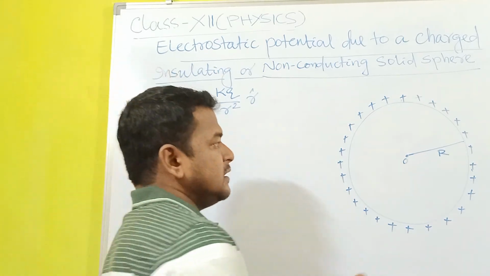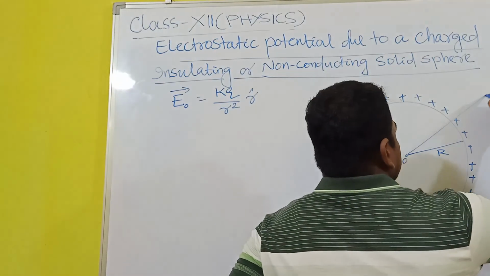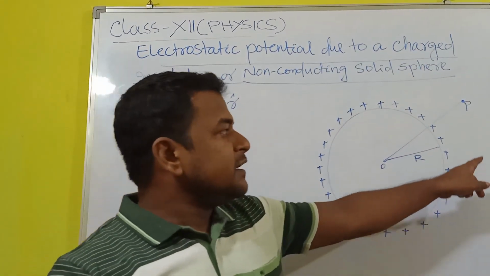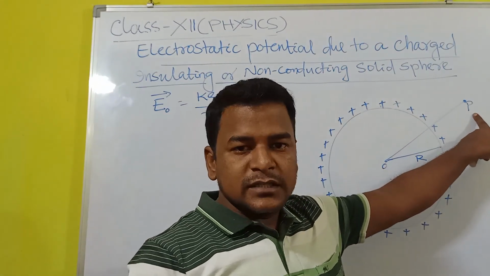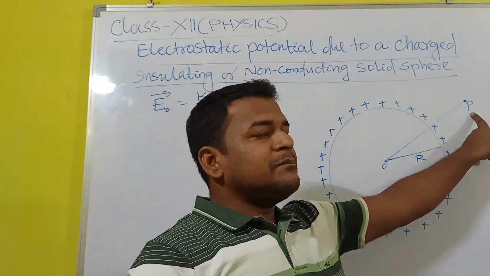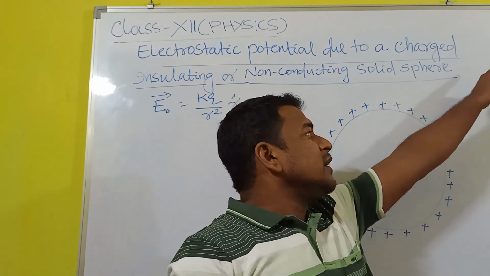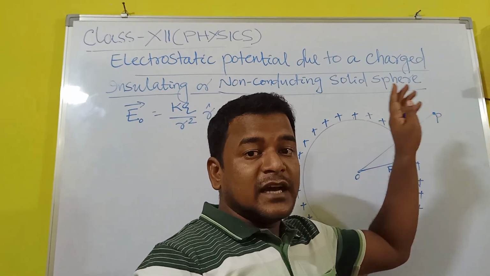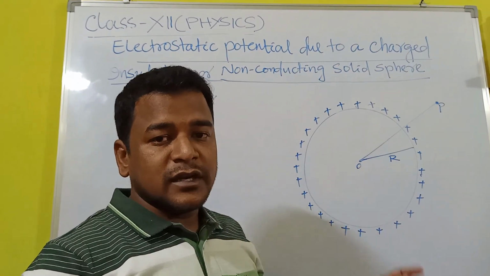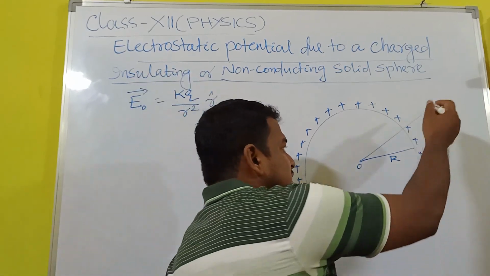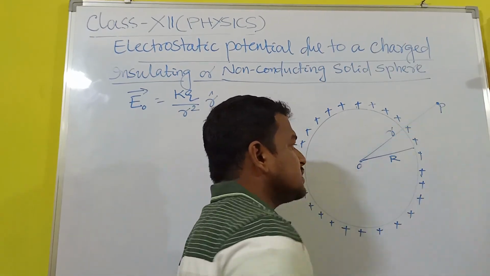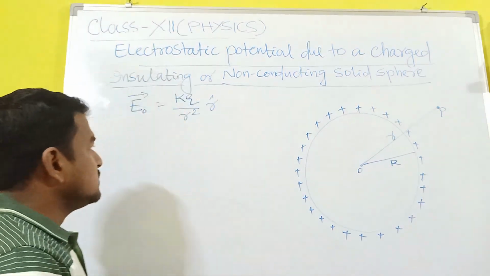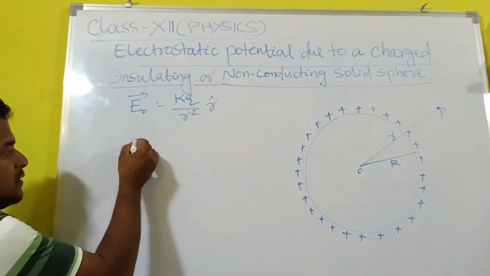Here r is the distance of the point where we have to derive the expression for electrostatic potential. We are bringing the test charge from infinity to this point, and the work done is known as the electric potential. This point is at a distance of small r from the center of the sphere.